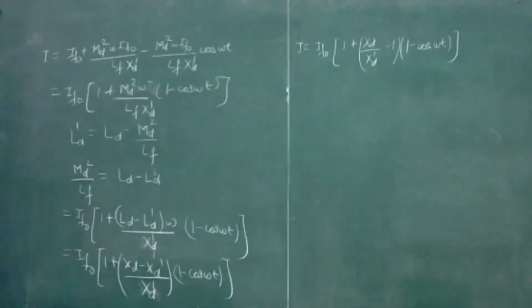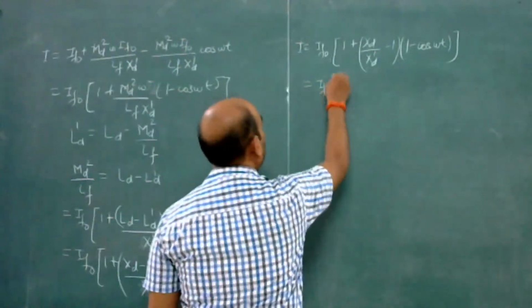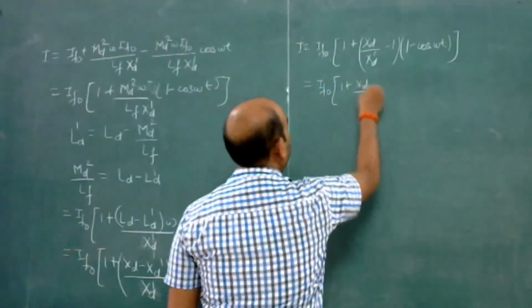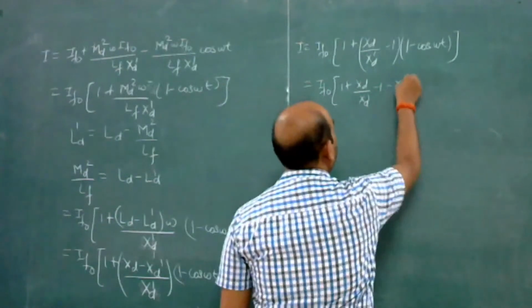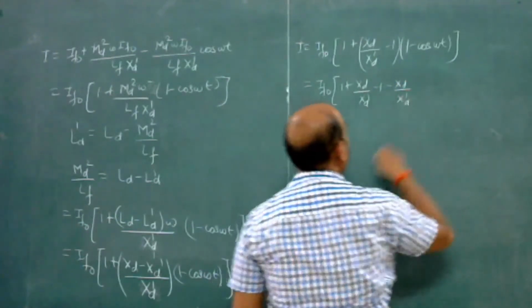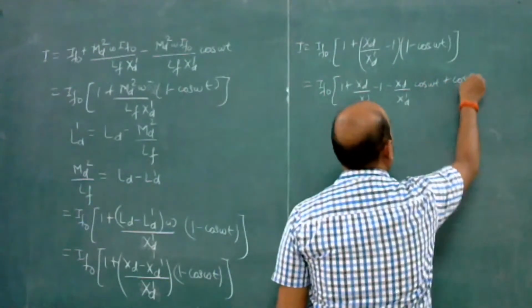Multiplying this, we get If naught [1 plus Xd by Xd dash minus 1 minus (Xd by Xd dash) cos omega t plus cos omega t].